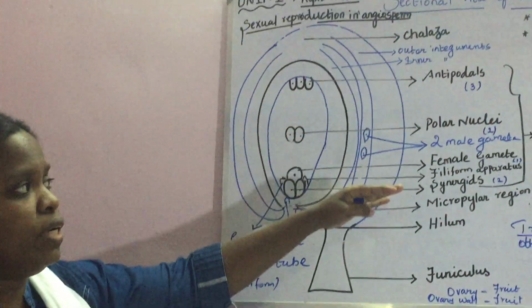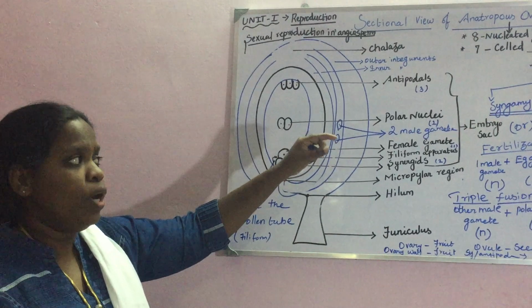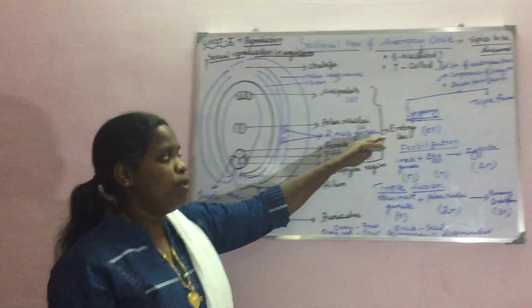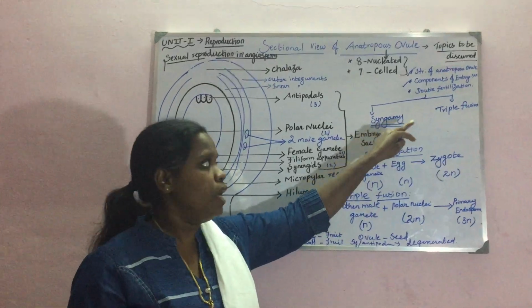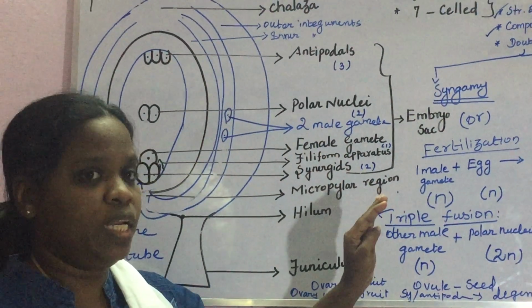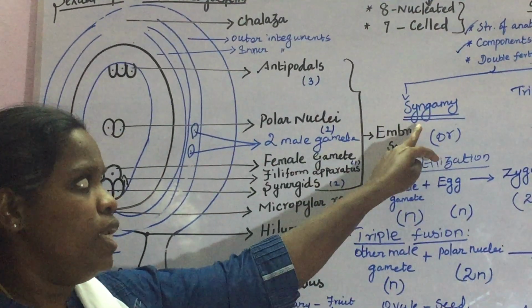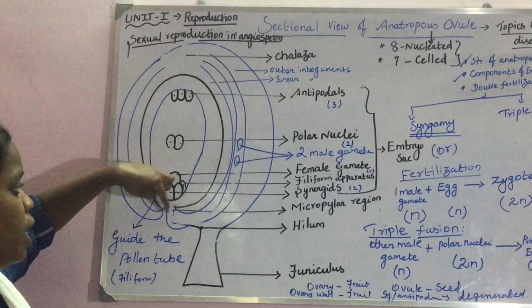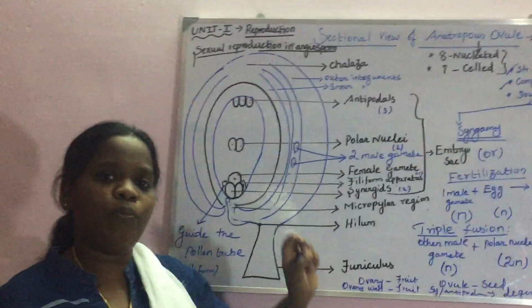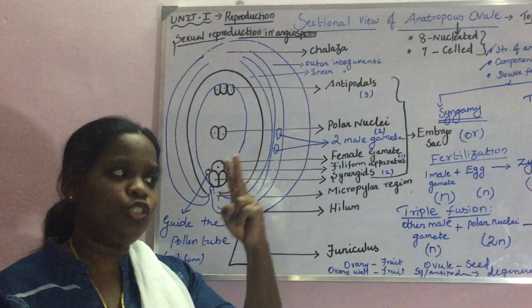What are the two major important concepts in double fertilization? Syngamy and triple fusion. Let us overview this double fertilization. After pollination, the pollen tube reaches into the embryo sac. Inside the pollen tube, how many male gametes are there? Two male gametes.